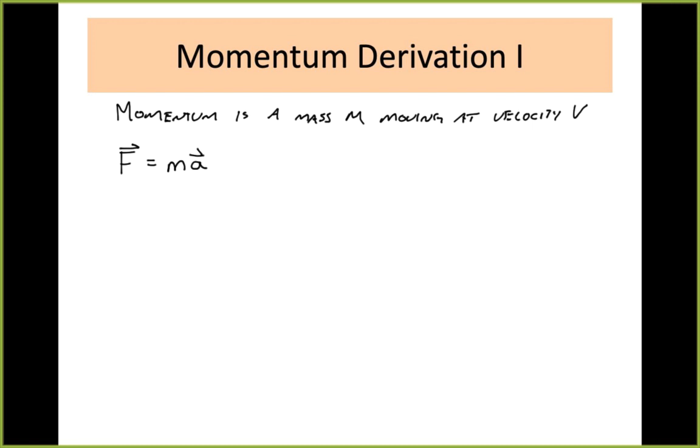So F equals ma. This is our Newton's second law. And we know that acceleration we could also express as the time rate of change of velocity. So acceleration is how fast your velocity changes. So we could write it that way.